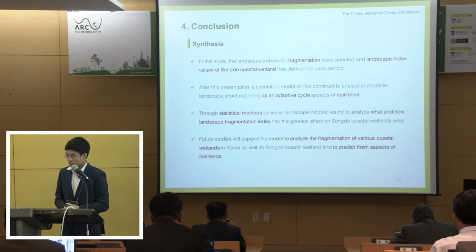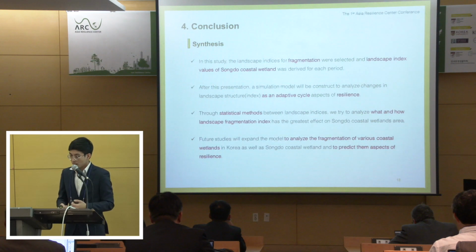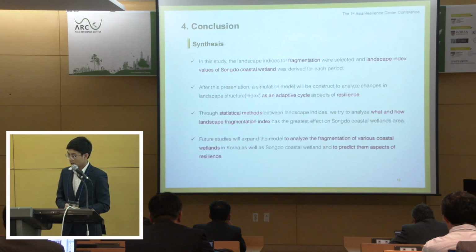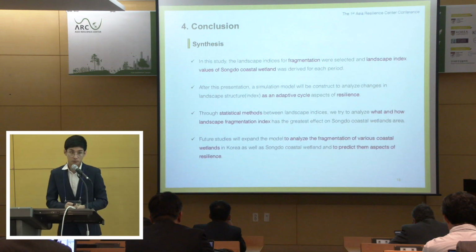Through statistical model methods between landscape indices, we try to analyze which landscape fragmentation index has the greatest effect on the Songdo coastal area. Future study will expand the model to analyze the fragmentation of various coastal wetlands in Korea as well as Songdo coastal wetland to predict their aspects of resilience.